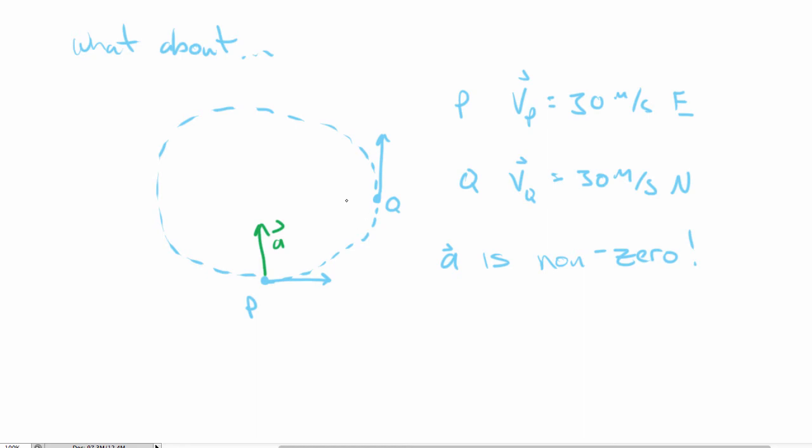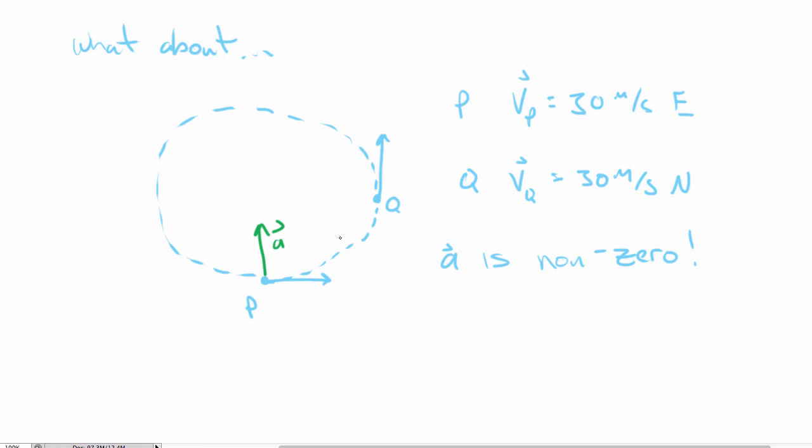Okay, this is not really all that obvious, but if you take a minute and think about what's happening here, the acceleration causes a car to speed up, or slow down, in the direction of the acceleration. So at point P, the car has no motion in the north direction, right? It's moving eastward. But we want it to turn, so we want it to have some motion in the northward direction.